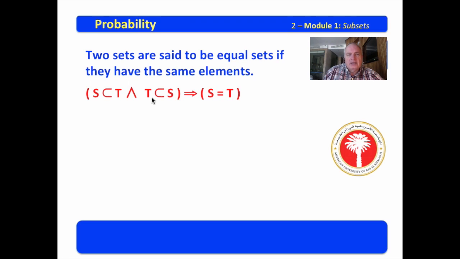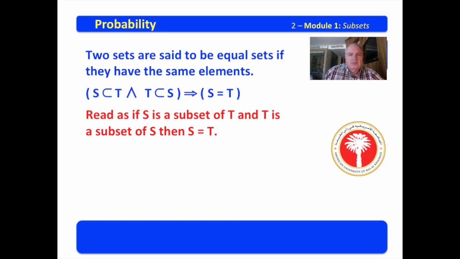And the only way that they can have exactly the same elements is the first to be a subset of the second and the second to be a subset of the first. This is read as S is a subset of T and T is a subset of S implies that S equals T.